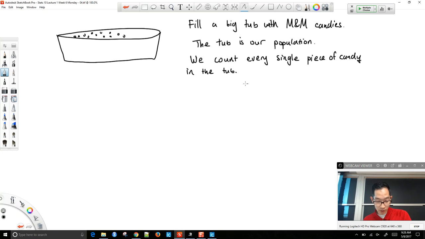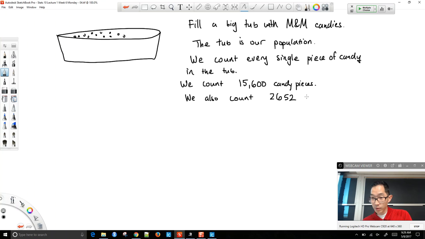Let's say we count 15,600 candy pieces. And for simplicity, we will say we also count 2,652 red pieces.